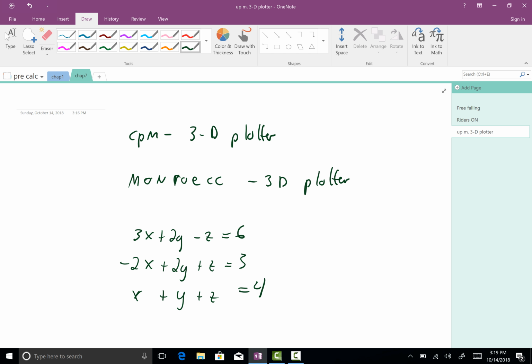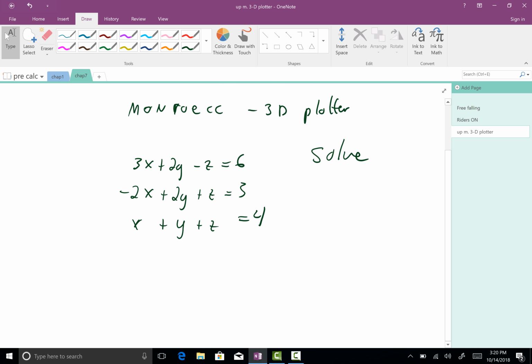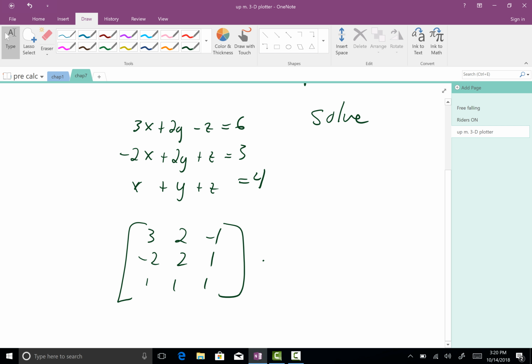Okay, so we're going to solve this. And you might remember to do that, we're going to write a matrix equation for it, like this.